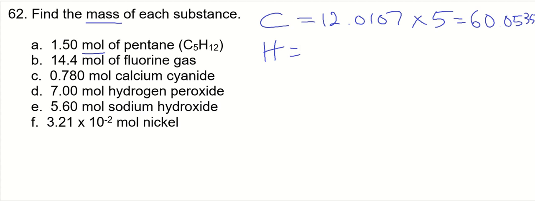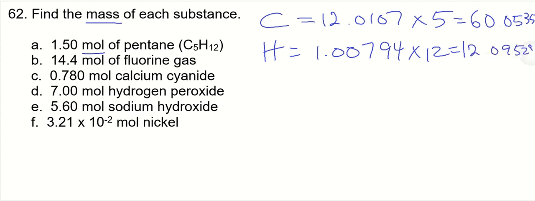It is 1.007994. Your periodic table might say something different, but 1.008 is fine. All right, there's 12 of them. Oh man, do I need to do this video over? Gonna run out of space. 12.09528.